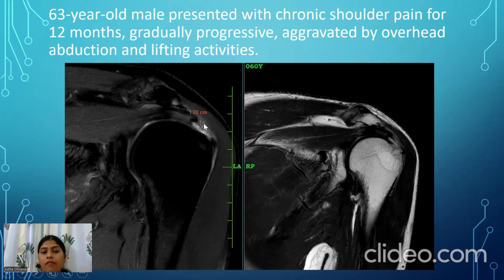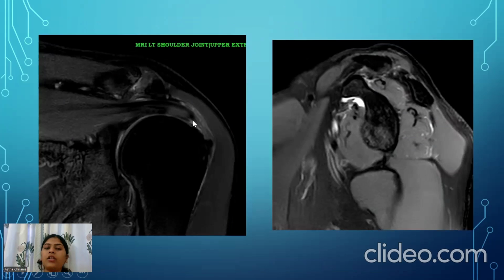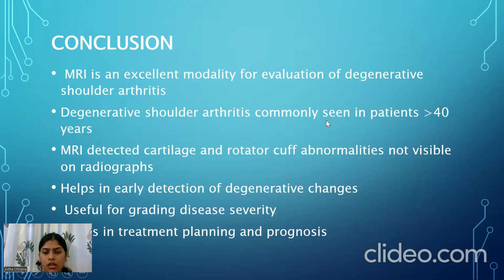The retracted fibers can be appreciated 1.2 centimeter away from the footplate. Here we can appreciate the fluid signal intensity and the retracted fiber, thus indicating the complete tear. Here we can also appreciate the fluid in the subscapular recess. Thus, this was a case of full thickness tear.